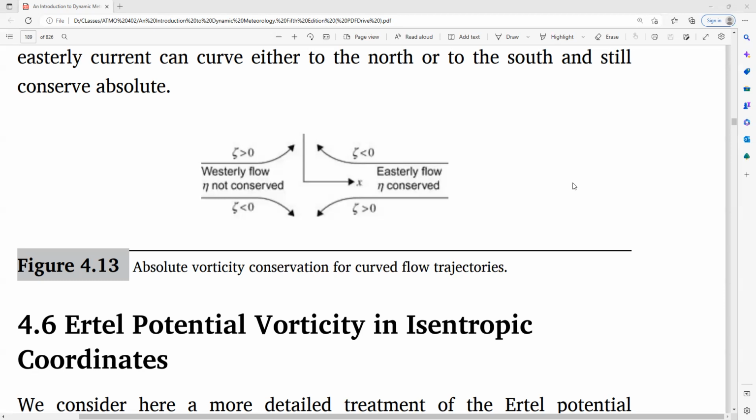So eastern flow can move south or north and still conserve the absolute vorticity, but not the western flow. Western flow has to be zonal.